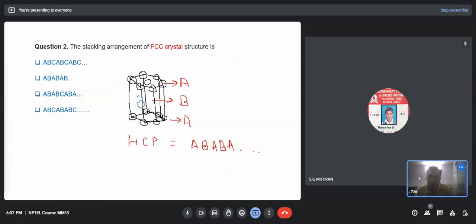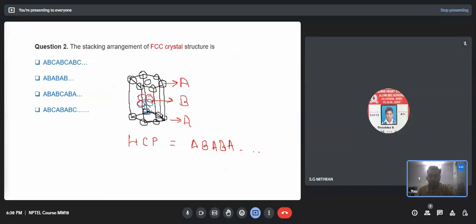First three atoms will be like this, and another three atoms will be like this.